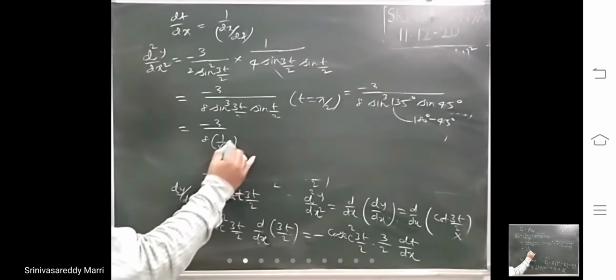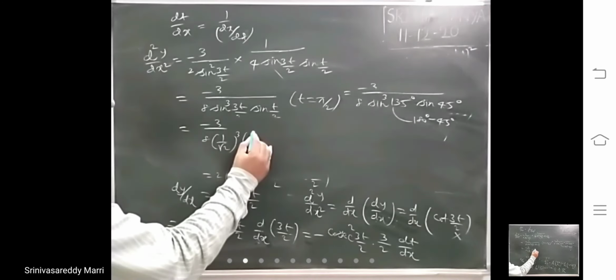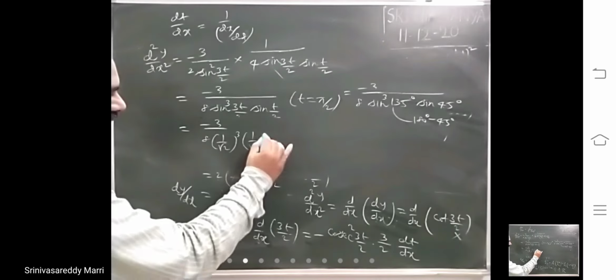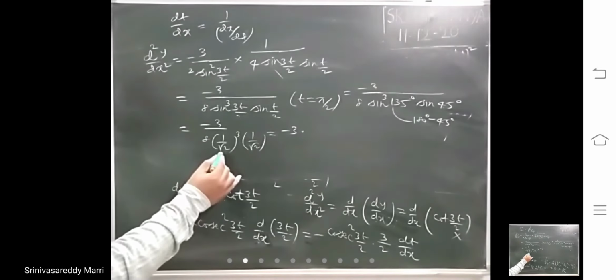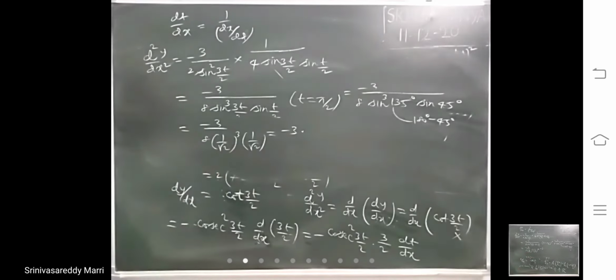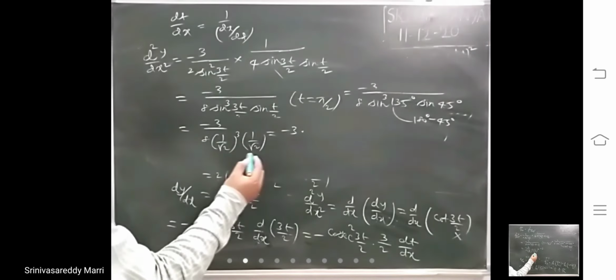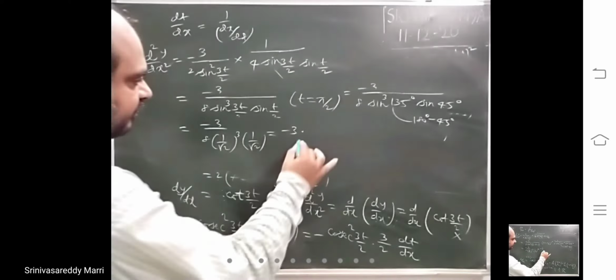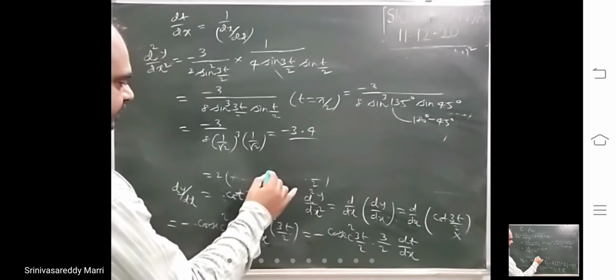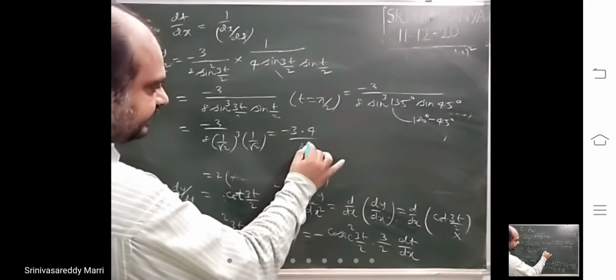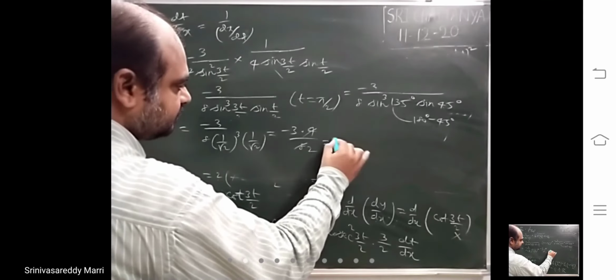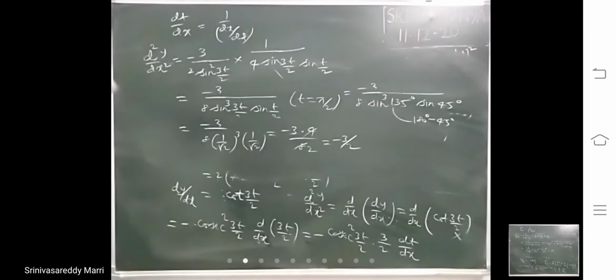So 1 by root 2 whole cube into sine 45, that means minus 3 into 1 by root 2 to the power 4, divided by 8. So your answer is minus 3 by 32, like that.